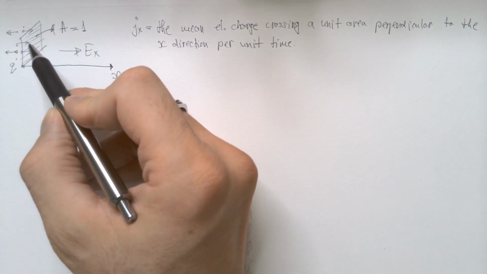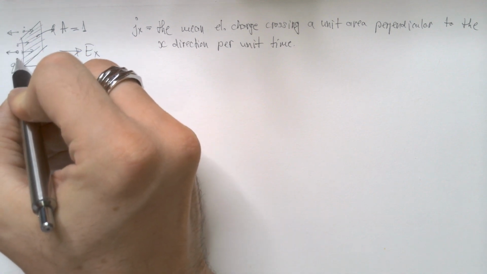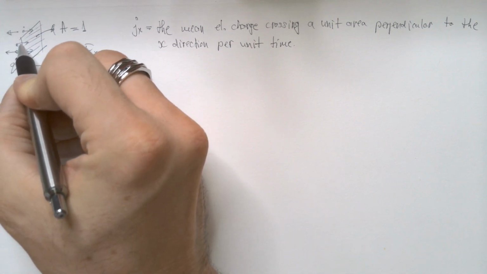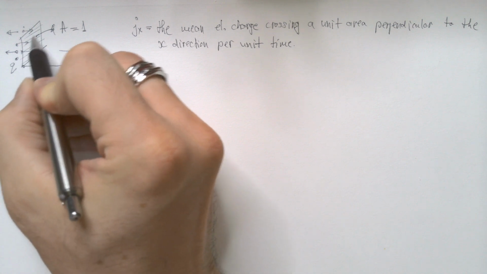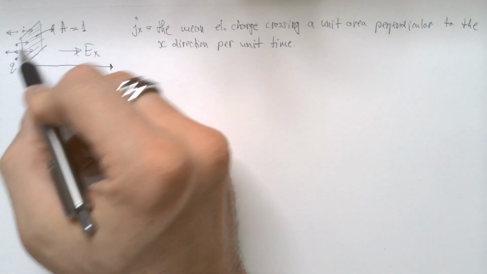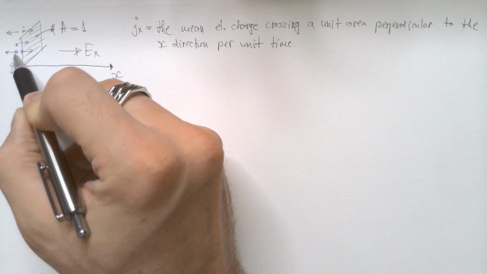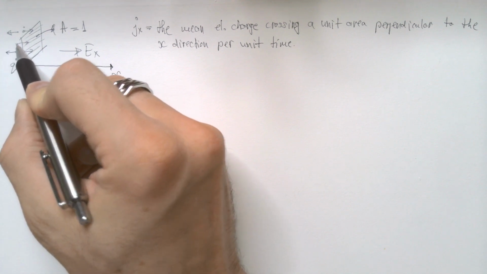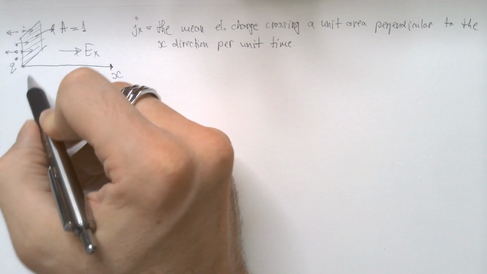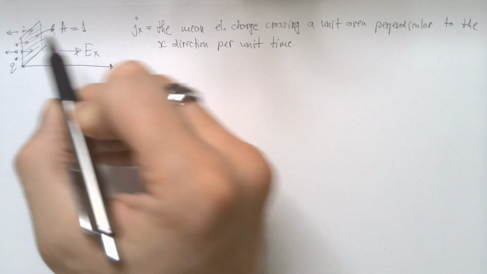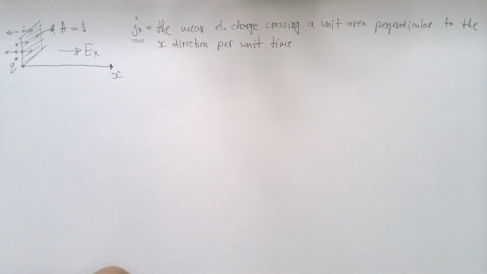Well, there are two options. Either there is literally more particles, larger number of particles crossing this area, or there is indeed perhaps the same number of particles as I plotted here, but they are moving faster through this area A. Either of these two will result in the increased intensity of our current in the x direction.